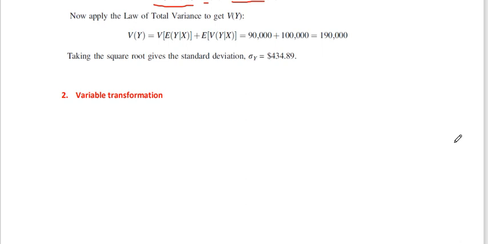So for two variables, or two-variable distributions, we can also have variable transformation. Like for one variable, we say we have a density function for X. If Y, the new variable, is a function of X, then the density function of Y, we just change X to Y, right?